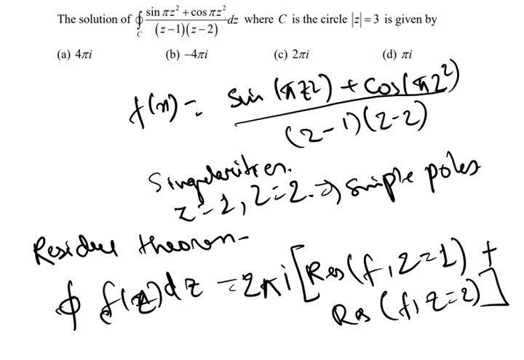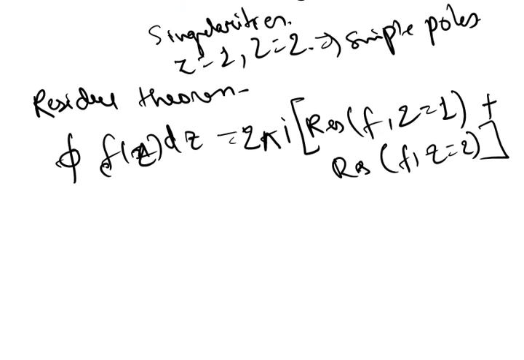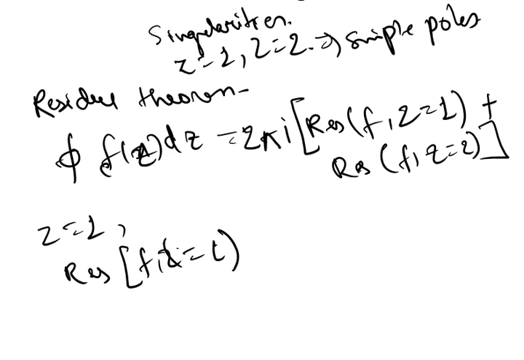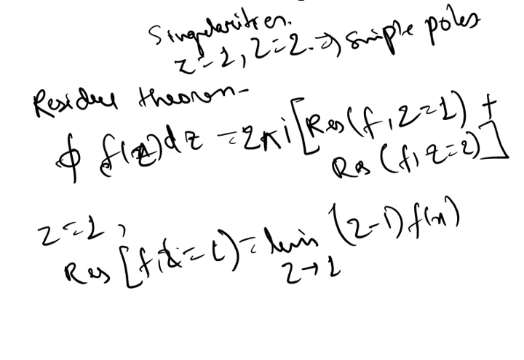We will compute the residue at z equal to 1 first, which is the limit as z tends to 1 of (z − 1) f(z).